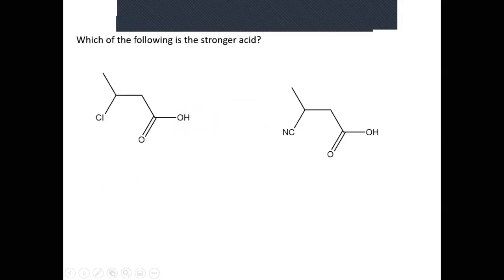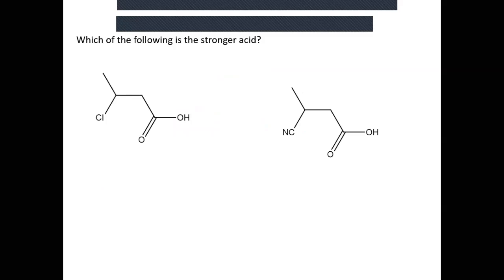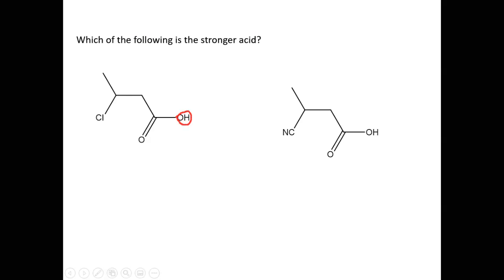So now we're comparing these two. So we have two acids. We want to determine which one is the stronger acid. So here we have the acidic proton attached to an OH, acidic proton attached to an OH. Both of them have resonance because they have a carbonyl, and both of them have electron withdrawing groups.